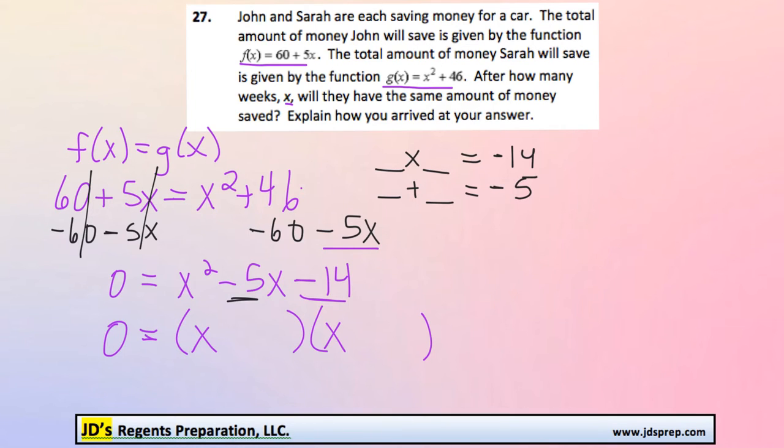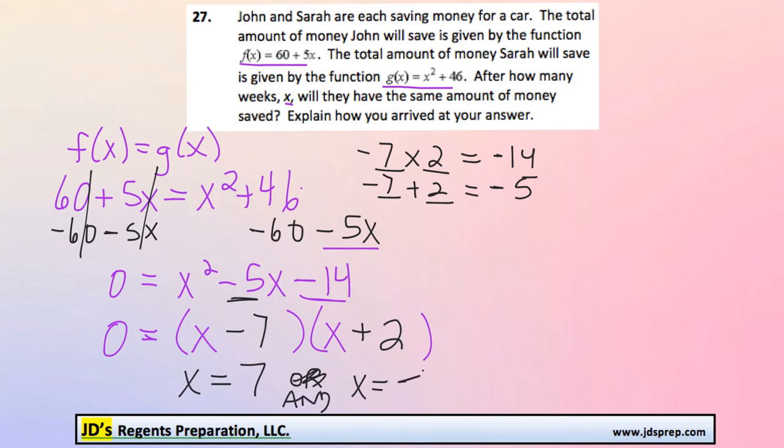And that looks like 7 and 2 would work as long as we're dealing with negative 7 and positive 2. Yeah, that would work. That means we'll have x minus 7 and x plus 2, which means x is going to equal 7. Well, I guess not or, but and x equals negative 2.